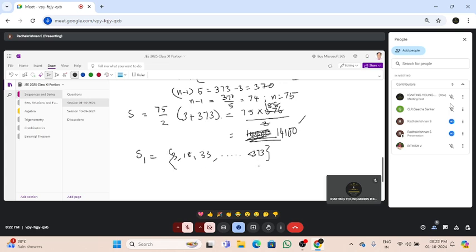Now we'll have to find out what this end number is going to be. It has to follow this pattern 3, 18, 33, in this series and be less than 373. So how do we get that number?